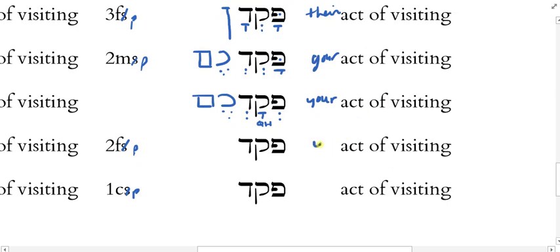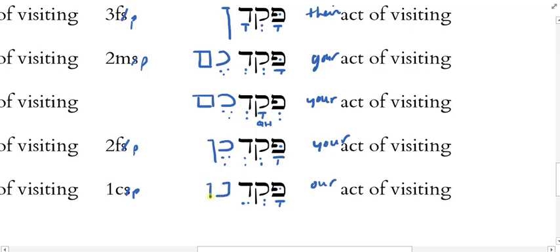To tell a group of women about your act of visiting, poke-dekhen. Poke-dekhen. All right? And then our act of visiting is poke what?